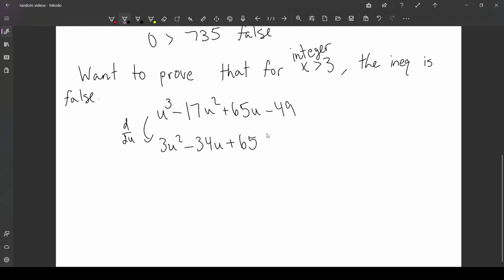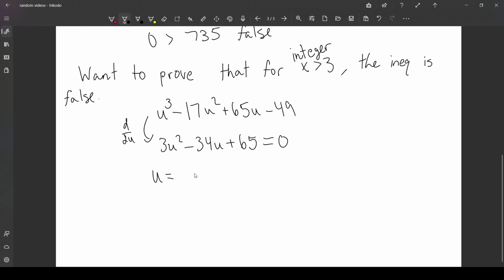And so we want to find basically, if we find the solutions to this, this is a quadratic, it's going to have at most 2 solutions. What we want to show is that this function is basically increasing, or 9 is on the right-hand side of its roots, basically.